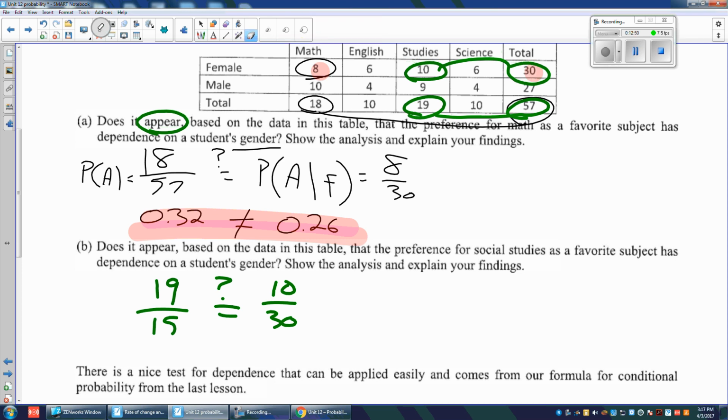Geez, this isn't supposed to be 57. There we go. Do the division, and yes, we can simplify this fraction. They're both 1/3. 1/3 equals 1/3.